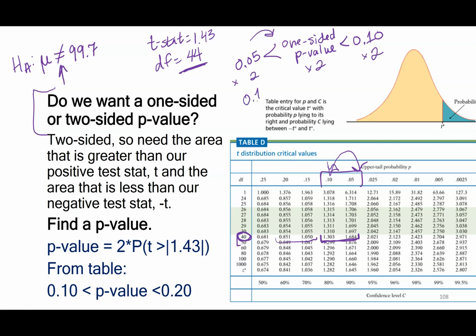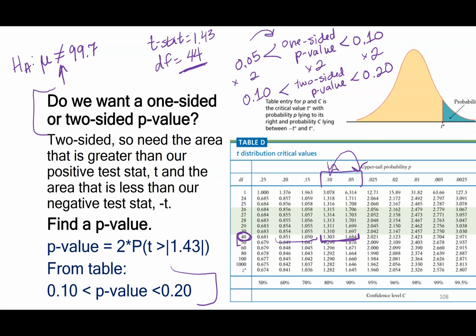So I'm going to get a two-sided p-value that is between 0.10 and 0.20. As far as p-values go, anything bigger than 0.10 is big. So that's a pretty big p-value.